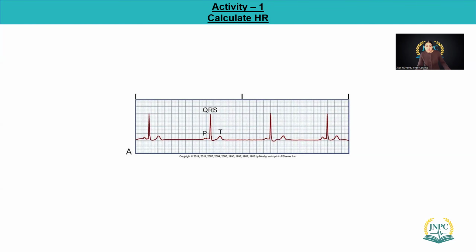Sinus bradycardia, but how much is the heart rate that you see here? Forty? 35? 38.